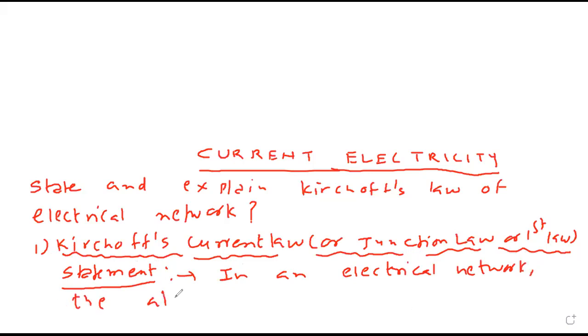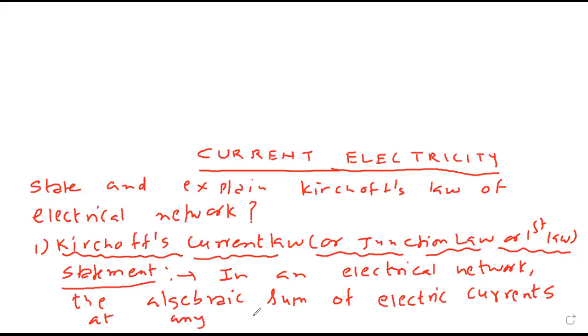In an electrical network, the algebraic sum of electric currents at any junction is always zero.